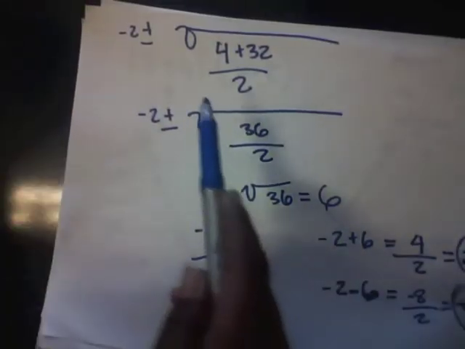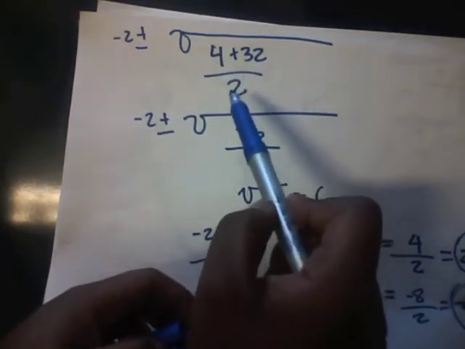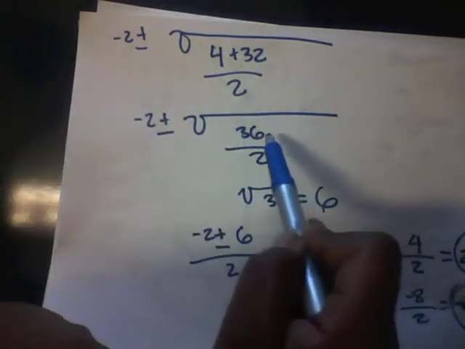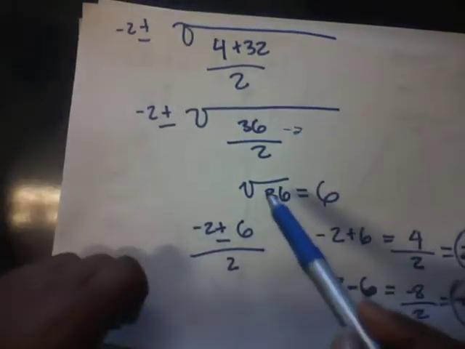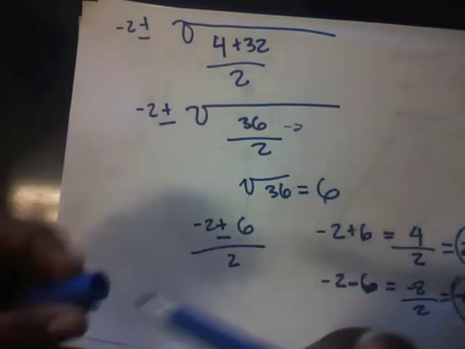And right now I got negative 2 plus or minus the square root of 4 plus 32, divided by 2, and the discriminant becomes 36, and I know that 36 is a perfect square, so it becomes 6.